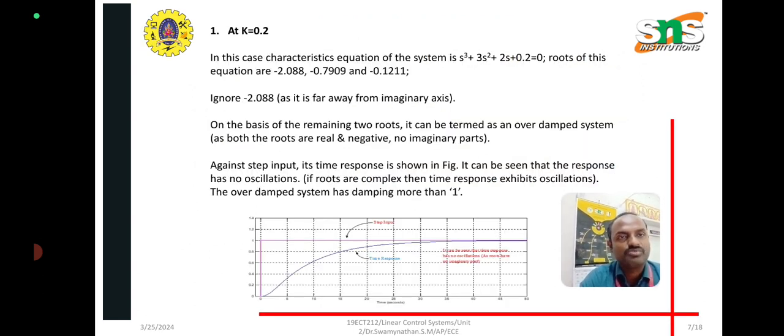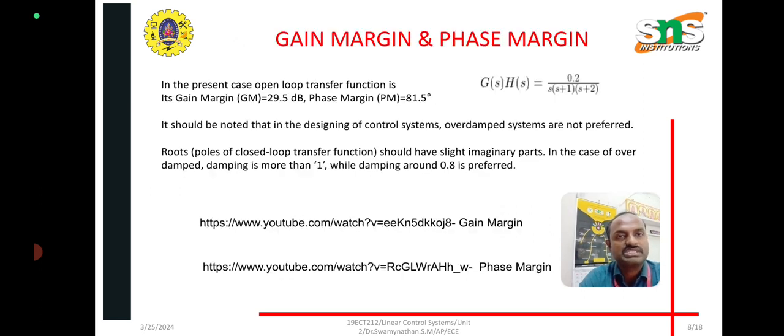At K equal to 0.2, you can substitute the value and get the root minus 2.088. It is far away from the imaginary axis, so you can easily ignore it. For the gain margin, G(s)H(s) equals 0.2 divided by s(s+1)(s+2). In the present case, the gain margin is 29.5 dB and the phase margin is 81.5 degrees.